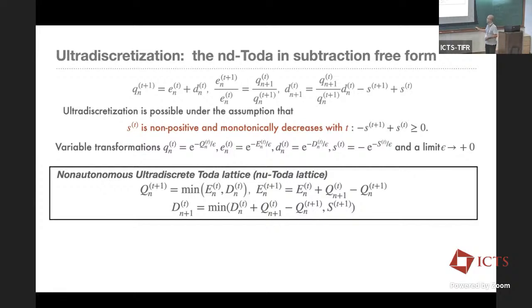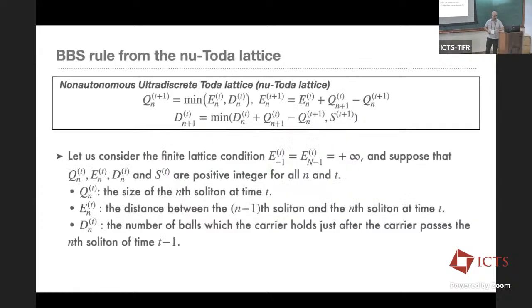Then we achieve this expression for the non-autonomous ultra-discrete Toda lattice. Sometimes I say NU Toda lattice. And then after introducing this expression, we can check how to relate it with the box-and-ball system. In the original box-and-ball system, this S parameter doesn't appear.